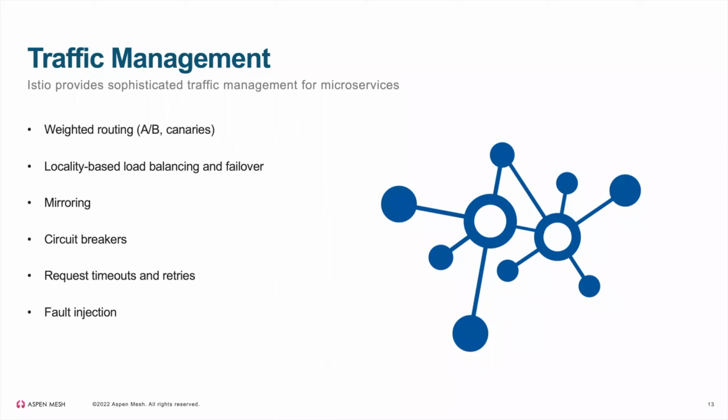There's locality-based load balancing and failover. Not something I wanted to get into today, but we can talk about it at another point. Istio has a configuration called multi-cluster. What multi-cluster is, you have a logical service mesh instance, a logical Istio instance that spans multiple Kubernetes clusters.